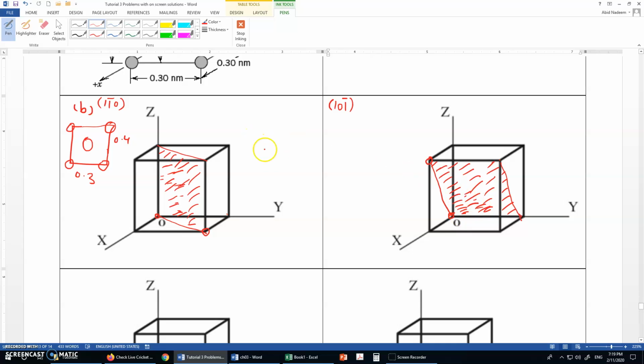So for this plane, you can see that one dimension is 0.3. The other dimension, because it is inclined, is 0.3, 0.4.